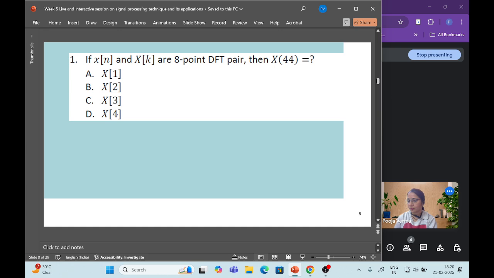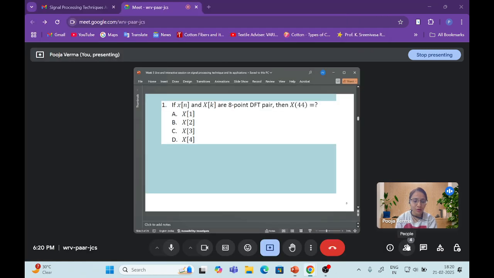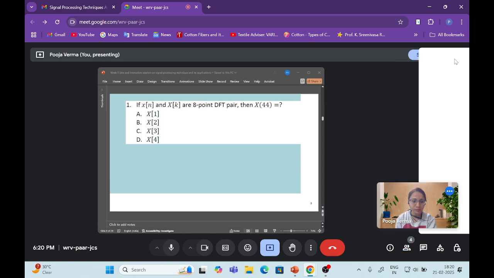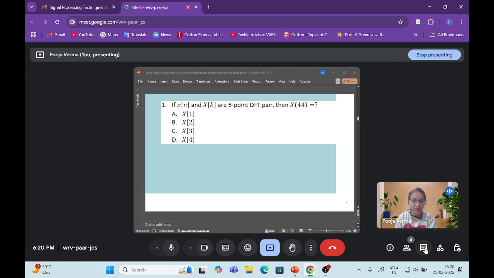Do you have any guesses, or can you suggest how to solve it? Then I will solve it. First try to answer this question. Which option can be the correct one?